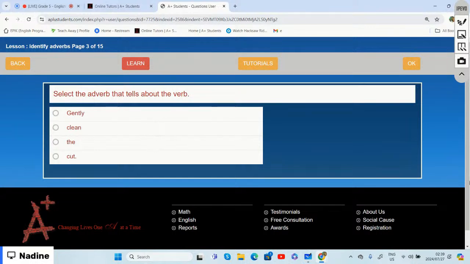Look at the four words, right? Clean is our verb, because we have to clean the cut, so how are we going to clean the cut? That should determine our answer. So clean the cut. And now the question is, how are we going to clean the cut? Not the. The is an article.